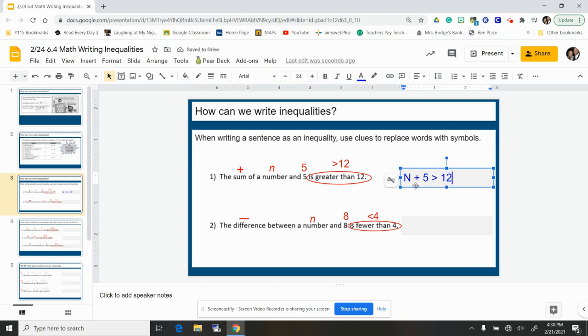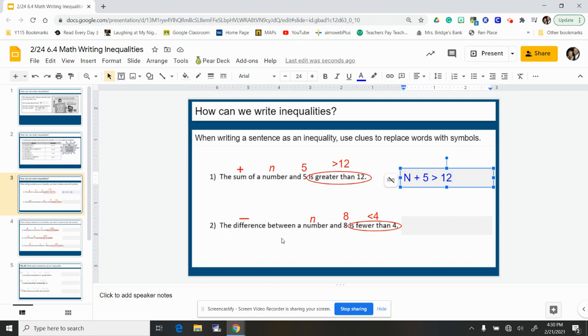Simply put, I followed the sentence pretty much in order, except of course the operation symbol came first, but I know that I was adding the variable with a number. Then my greater than was my key for figuring out what kind of symbol I'm going to be using, and then of course I needed the 12 there. So let's try out another one.